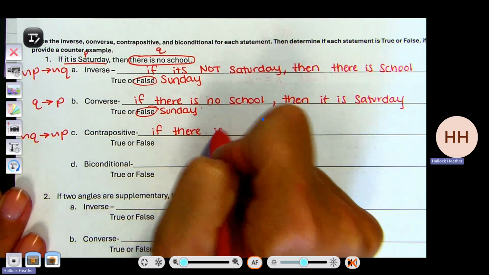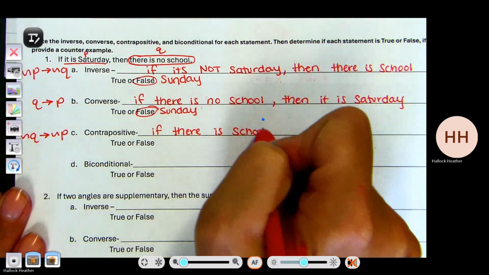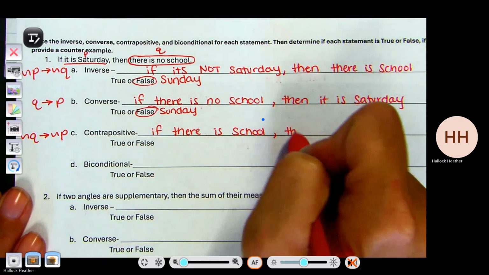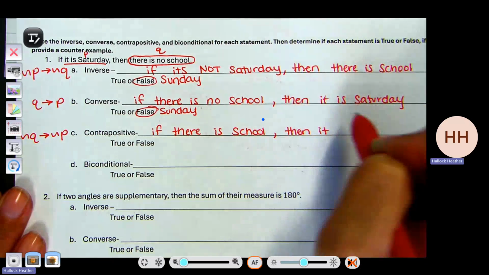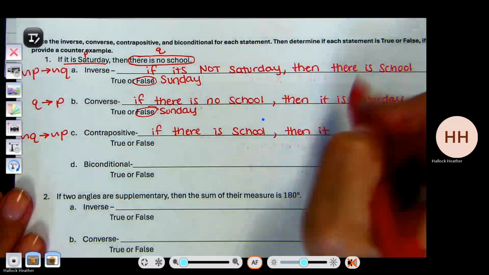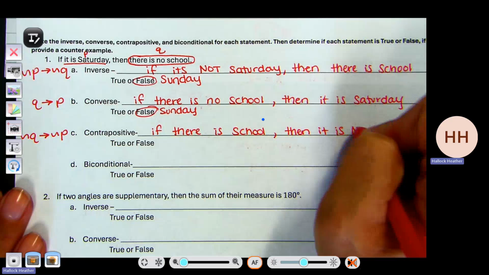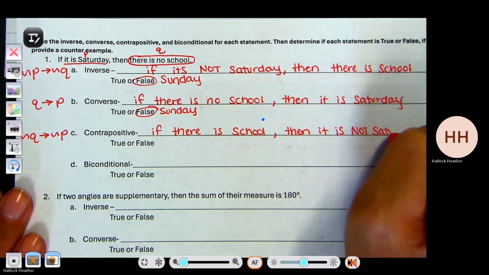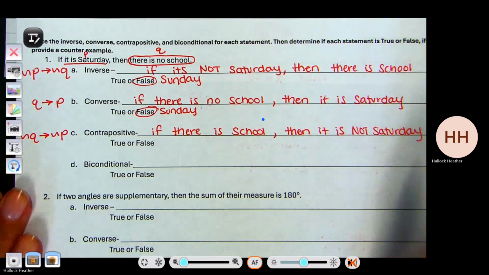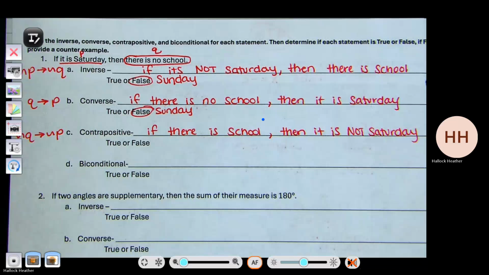If there is school, then it is what? It is not Saturday. So if there is school, then it is not Saturday.